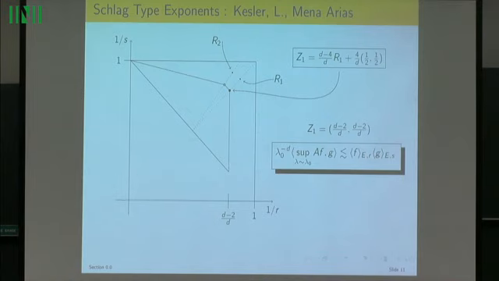And moreover, the sparse bounds hold in these exponents, and then the sparse bounds give you vector-valued versions of the discrete Magyar-Stein-Wainger maximal function.